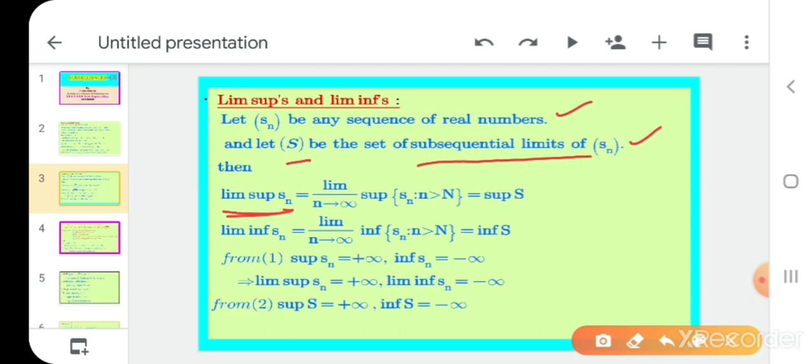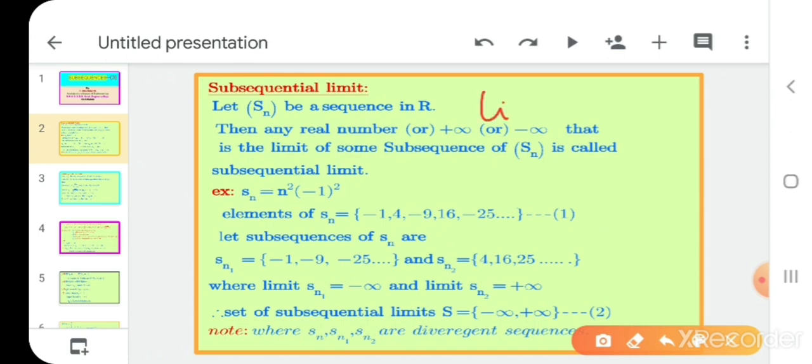The limit supremum of Sn, that is limit as n tends to infinity of the supremum of Sn, equals the supremum of capital S. Capital S means the set of subsequential limits. If you want to find the limit supremum of a given sequence, we can find it from the supremum of the set of subsequential limits.